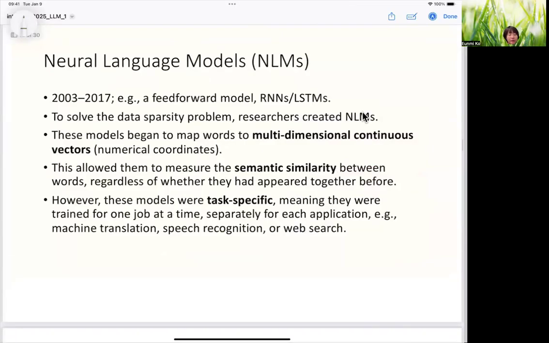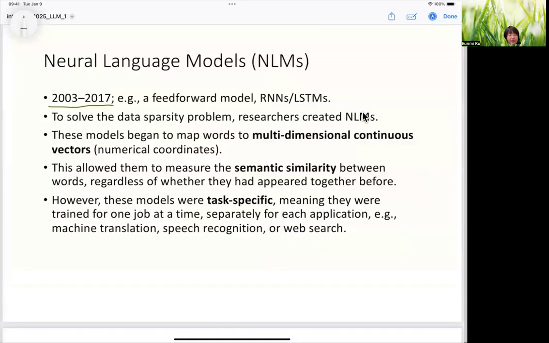Afterwards, in order to overcome this kind of shortcoming, the field developed neural language models. This model was prevalent between 2003 and 2017. It's not long ago.